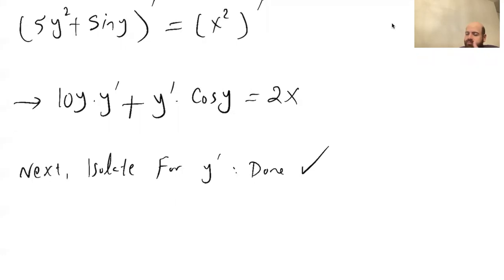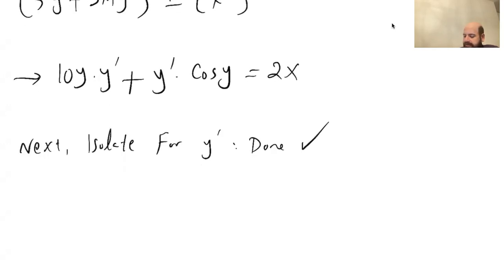Isolating means keep all the terms containing y prime on one side and the other terms on the other side. That is already done. And next, solve for y prime. How can I solve for y prime? I can take y prime as a common factor, right?